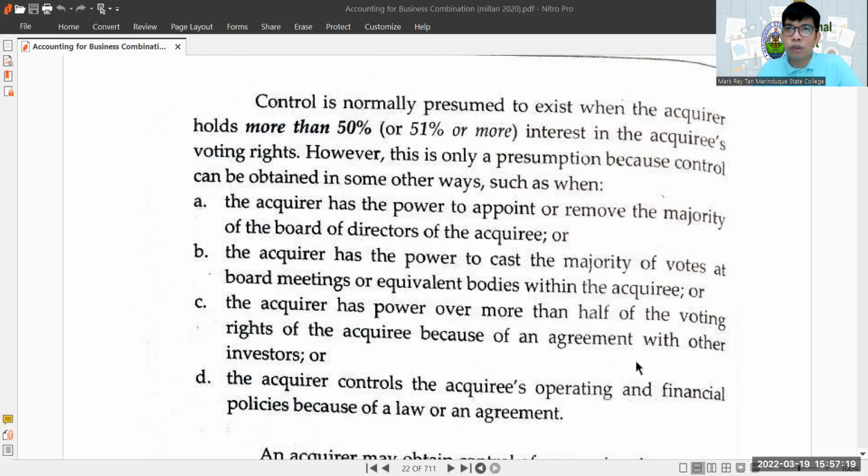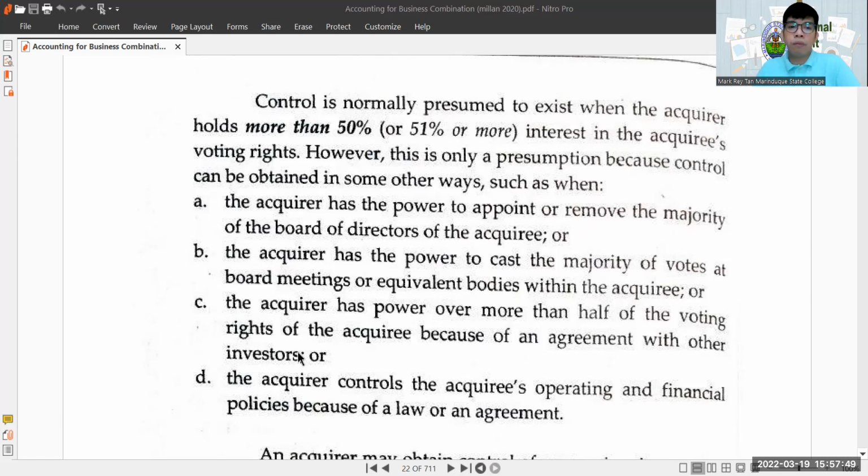Nag-usap sila na whatever na decision ni acquirer, susuportahan itong 18% holder, at nag-agree naman. So, ibig sabihin, yung combined percentage nila over the voting rights is 40 and 18. So, that is 58.